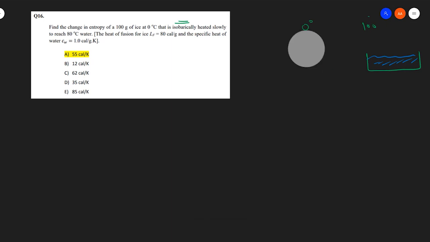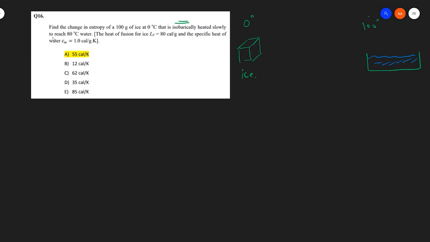Sorry, one moment. I will plot it again here. This is the cube, and here we have 0 degrees. This is ice, and this is water. Of course, the pressure is the atmospheric pressure, constant pressure.